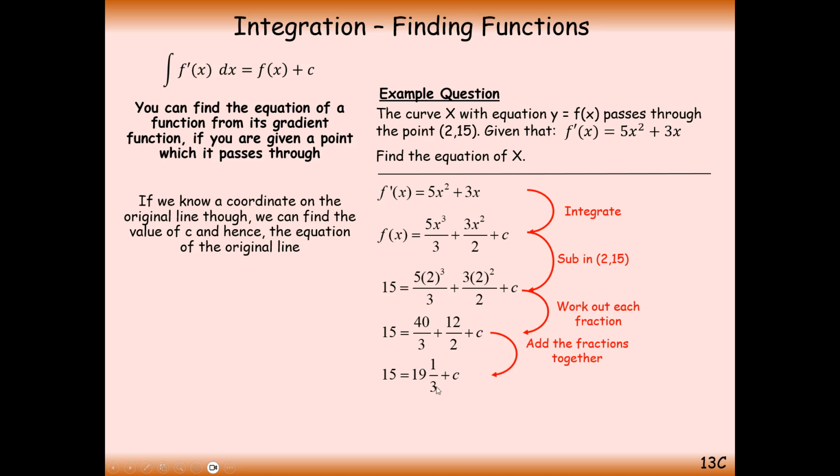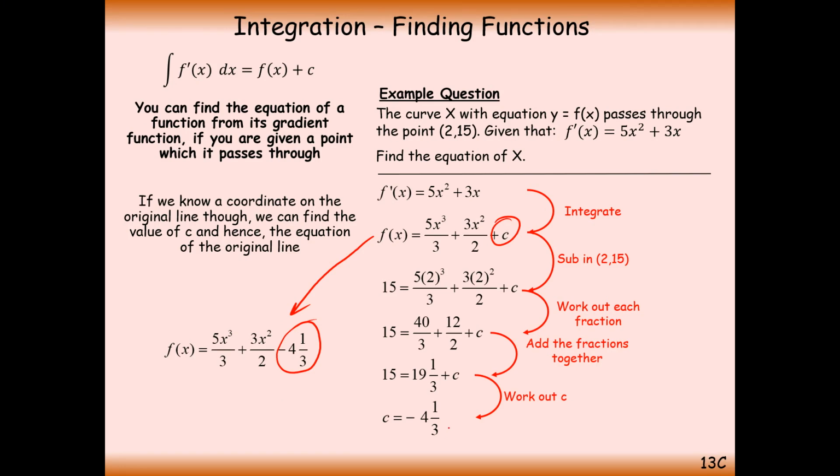This 19 and a third, if we take that away from both sides, we end up with negative 4 and a third. So c is negative 4 and a third. So we write it like so. Notice that this line here is just that line there, with c replaced with negative 4 and a third.